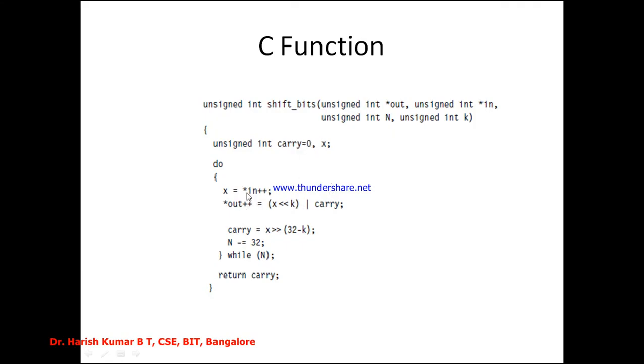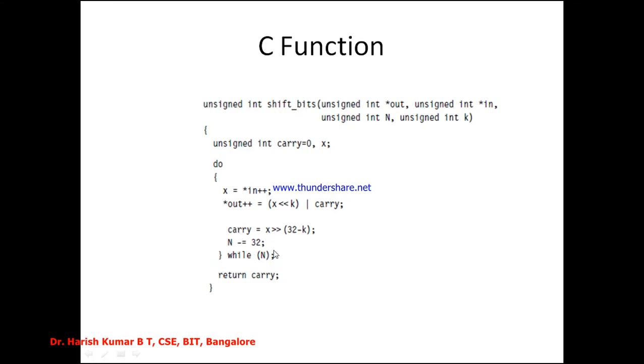Now *out++ gives me the new address computed where this memory word should be shifted to upward in the memory. And then carry is equal to x right shifted by 32 minus k, because you can shift from 0 to 31 bits, and k can vary from 0 to 31, and you are finding the new carry.